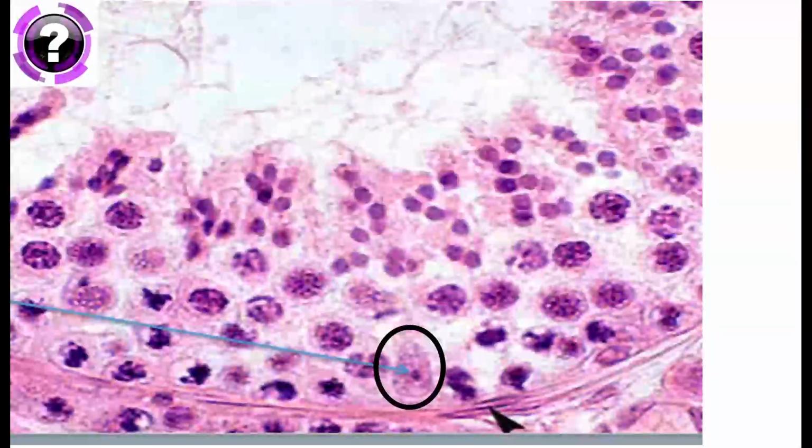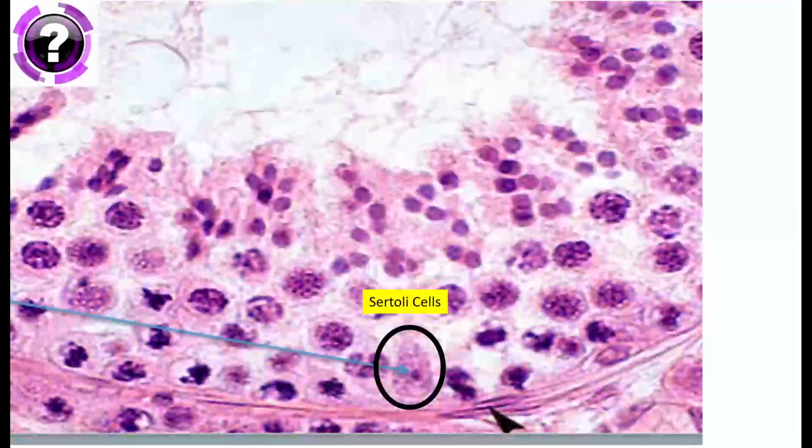It is nothing like other cells. It is very special, and therefore this is a nucleus of Sertoli cell. This is the nursing cell that will nurse all other spermatogenesis cells.